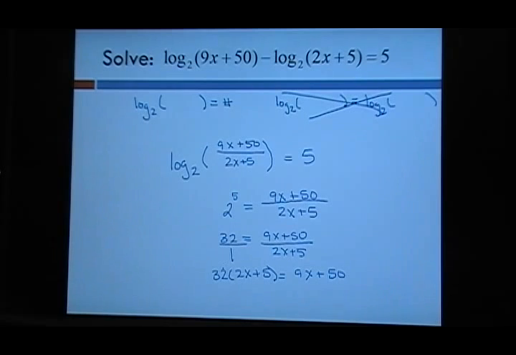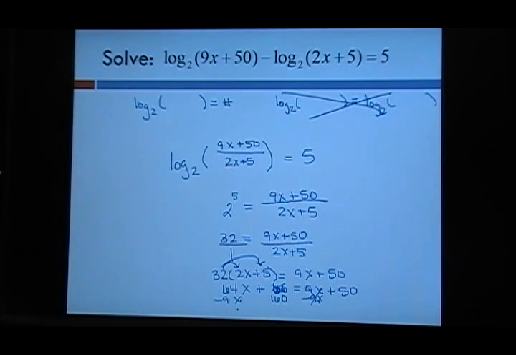So now simplifying, I need to distribute that 32, which gives me 64x plus 160 equals 9x plus 50. I first said 110, but 32 times 5 is 160, so ignore that. Okay, and then subtracting my 9x from both sides. It's just a linear equation now.